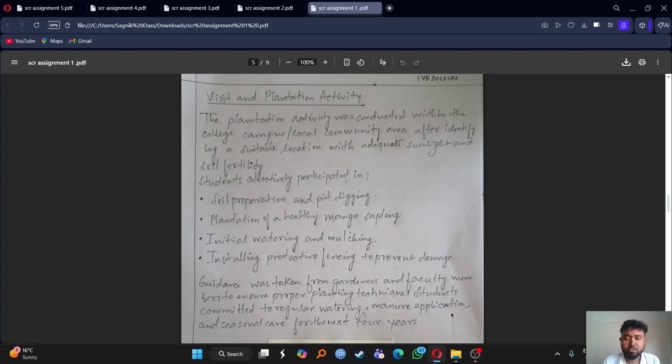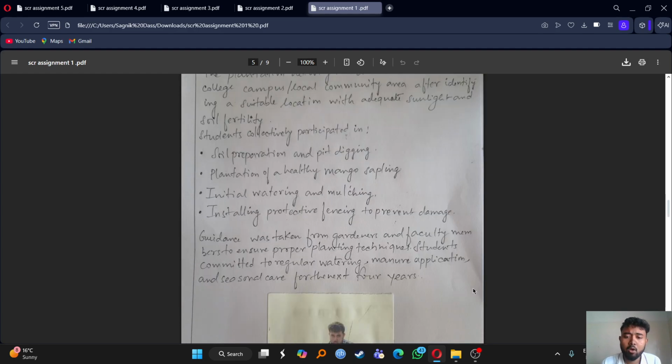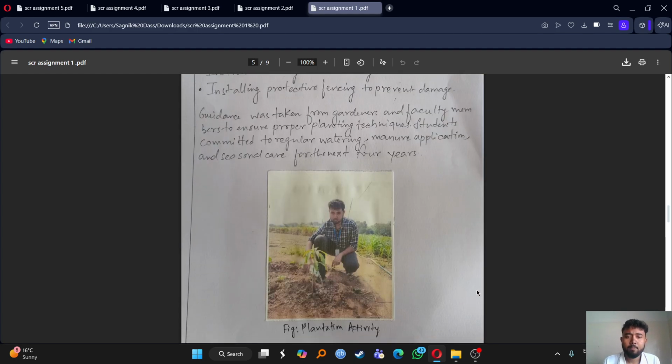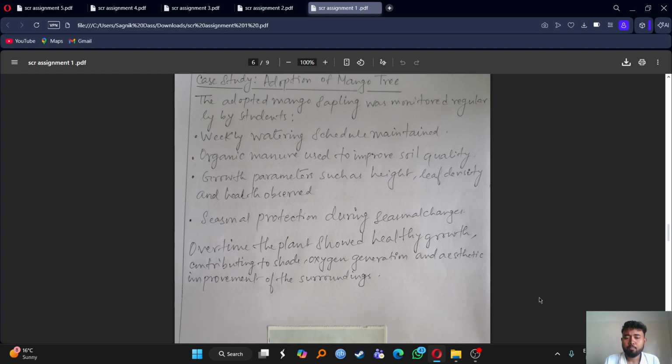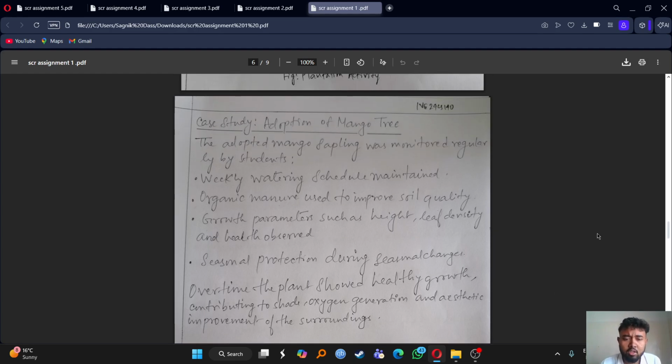For soil preparation, at first I had to do the pit digging, at the proper level, and then I planted the mango tree in that. Then I took proper guidance from my parents and local farmers also, who are specialists in this kind of gardening.